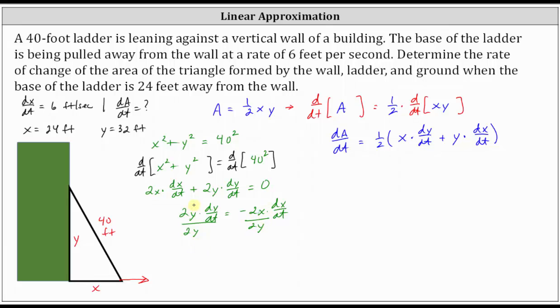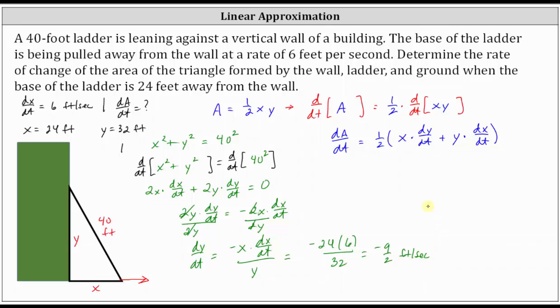Simplifying, we have dy/dt equals negative x times dx/dt, all divided by y, which in our case is negative 24 times dx/dt, which we know is 6 feet per second, divided by y, which we just found as 32. Simplifying this gives us negative 9/2, or negative 4.5. We now know dy/dt is equal to negative 9/2, and the units here would be feet per second.